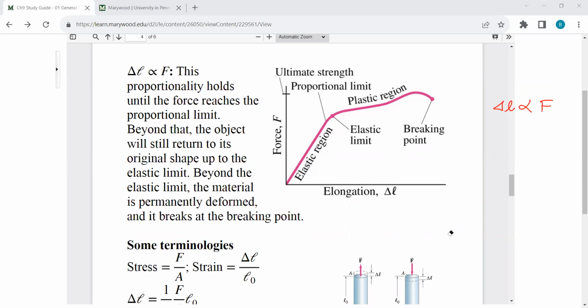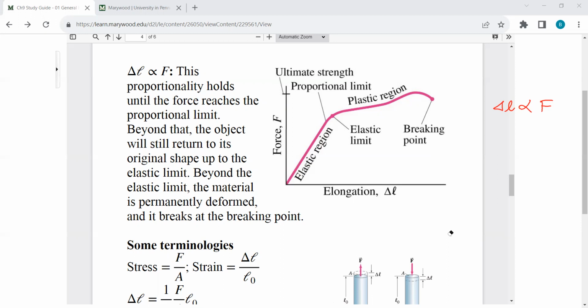There is also a property here similar to the elastic property of a spring. When you release the force, it goes back to its original equilibrium position. Let's say you apply some force, it extends by some amount. When you remove this force, it goes back to its equilibrium position. The same thing happens here also.